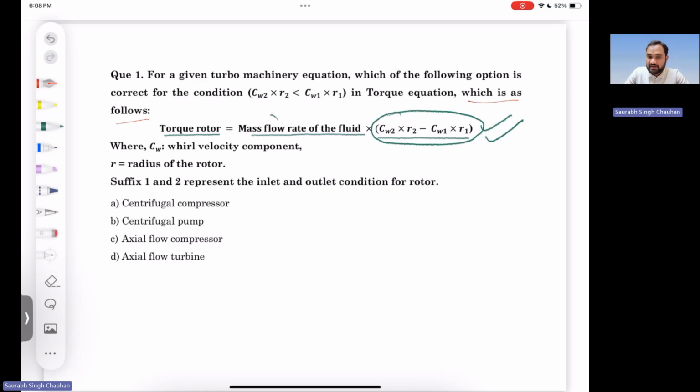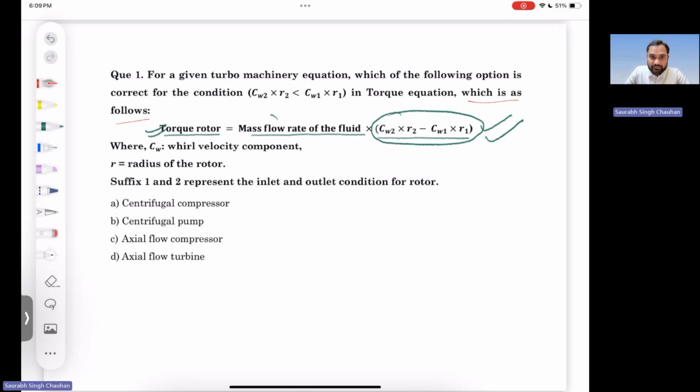So 1 is inlet and 2 is outlet. So R2 is the radius at outlet and R1 is the radius of the rotor at inlet. Similarly, CW1 is the velocity component at inlet and CW2 is the velocity component at outlet. So in terms of these quantities, the equation of torque is given.